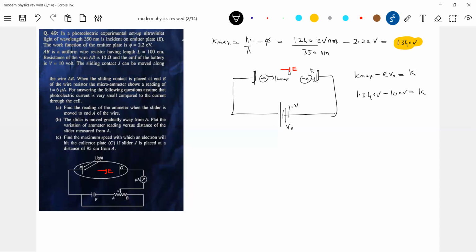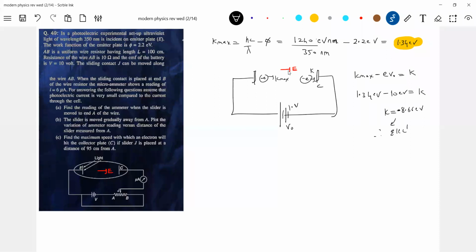So what do you expect K to be? K will be some sort of negative, 8.66. Negative means not possible, no? The electron cannot reach plate C, the cathode.